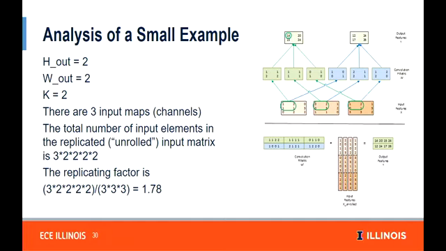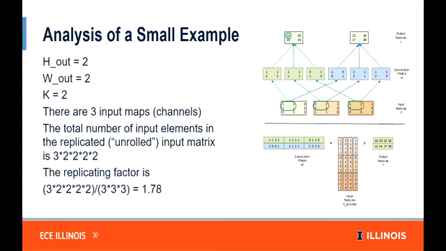the size of the input feature map, and then the convolution K by K. When the input and output feature maps are very big, then H out plus K minus 1 will be roughly the same as H out.